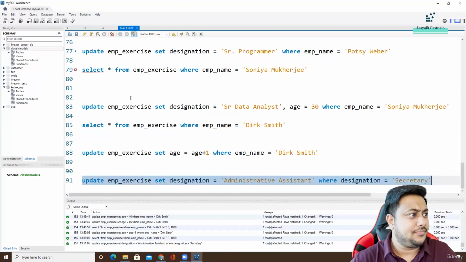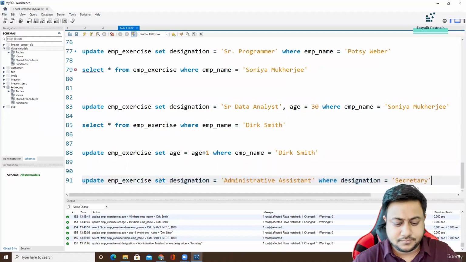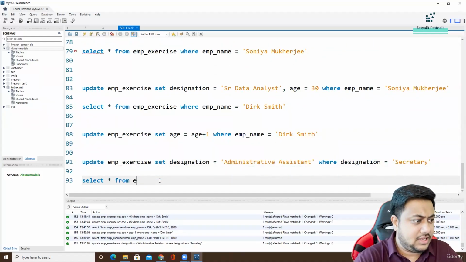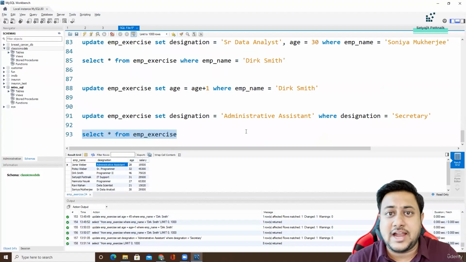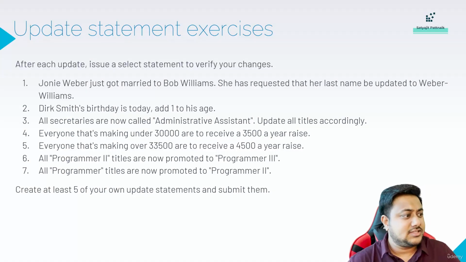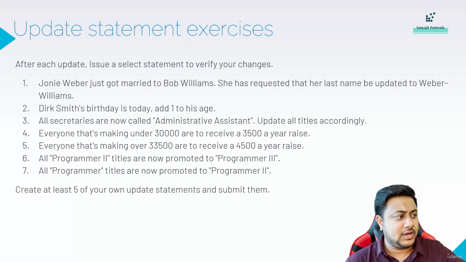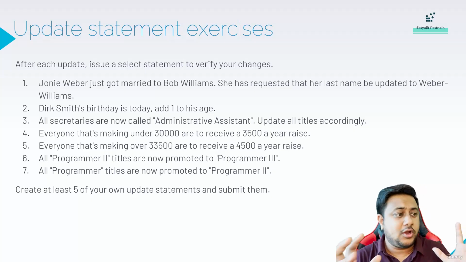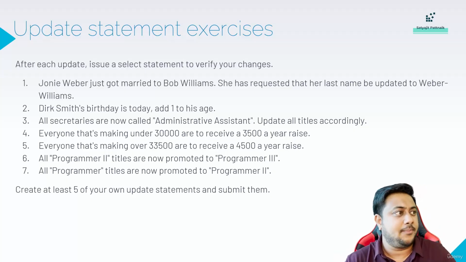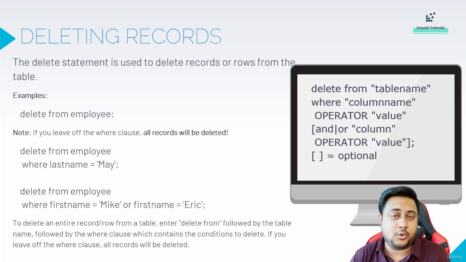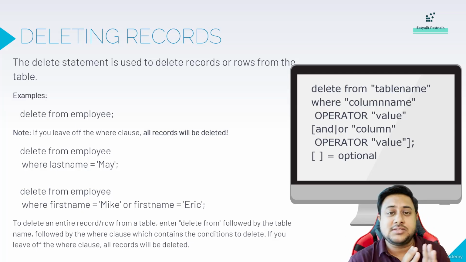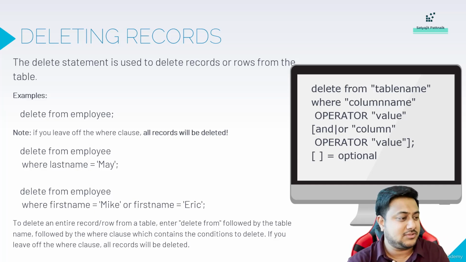If I run this and then run my query, select star from EMP exercise, you can see the one who was secretary right now is called an administrative assistant. Simply, you can try out all these queries. It's going to be super simple to understand. After update, of course, we will be talking about a lot of complex scenarios in the future videos, but this is the basic concepts of DMLs. That is the reason we are just talking about the basic concepts, right?